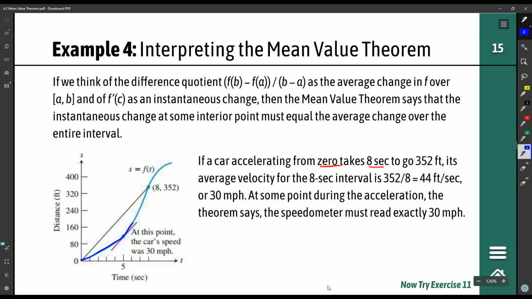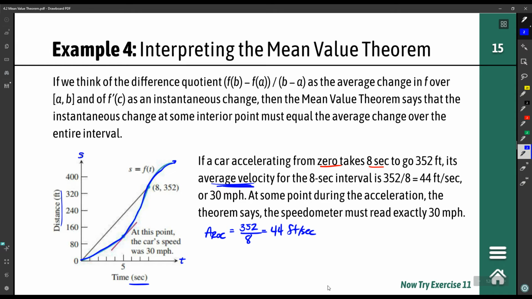So this is a position function of a car. The x-axis is t, time in seconds, and the y-axis is s, distance in feet. So over that first 8-second interval, its average velocity, or AROC, would be its total distance, 352, over the total time it takes, 8 seconds, for 44 feet per second.